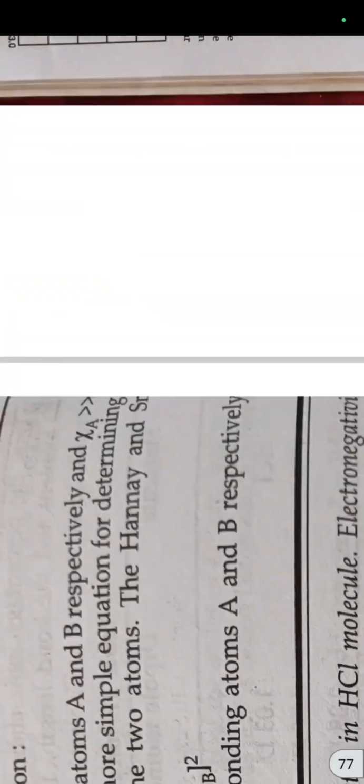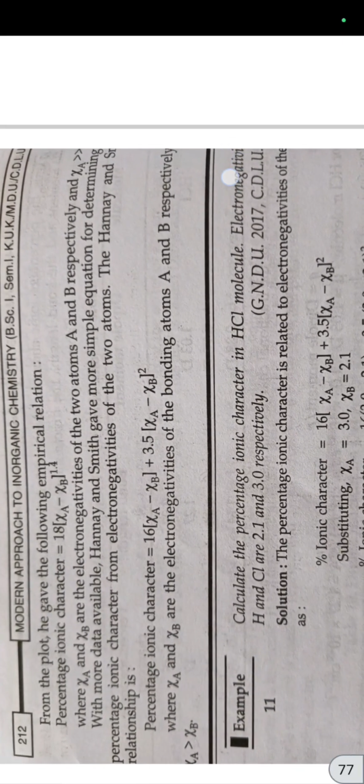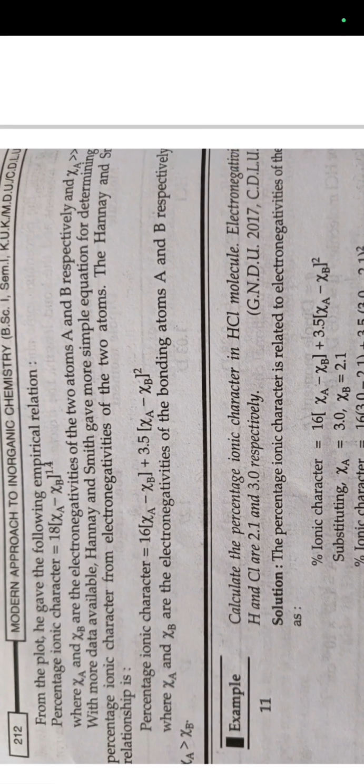Pauling plotted a graph between electronegativity difference and the percentage ionic character. From the plot, he gave the following empirical relation, where Xa and Xb are the electronegativities of the atoms A and B respectively, and Xa is much greater than Xb.